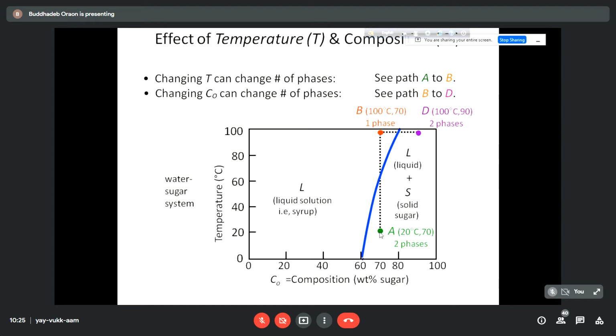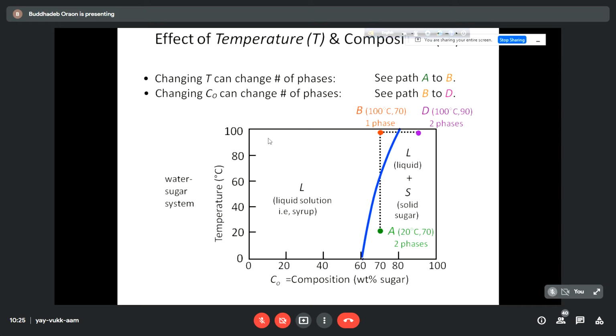So obviously, with the rise of temperature, on the blue line this is the solid liquid phase, but beyond that it will be only the liquid phase. So even without changing the composition, when we change the temperature, the phases will get changed.